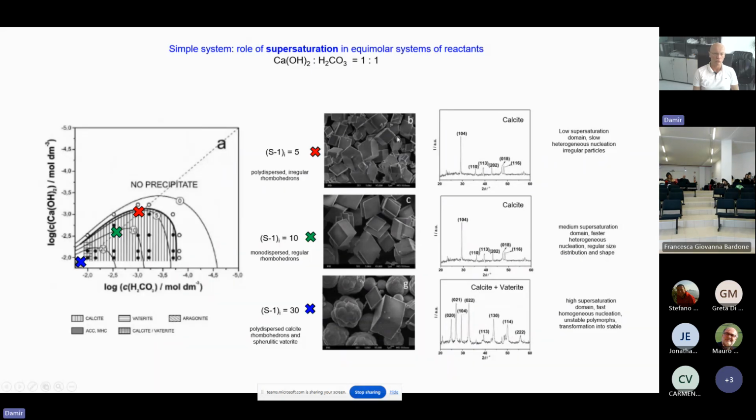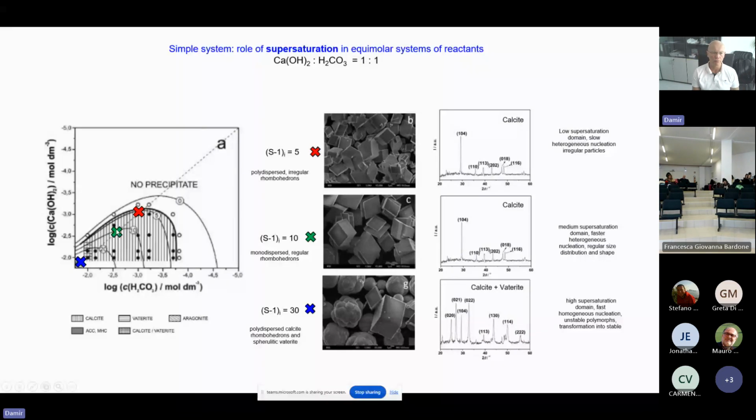We observed the morphology by using SEM microscopy. In this region, at this relatively low supersaturation 5, we obtain polydispersed and very irregular calcite rhombohedrons. I mentioned before that rhombohedron is a stable calcite morphology.